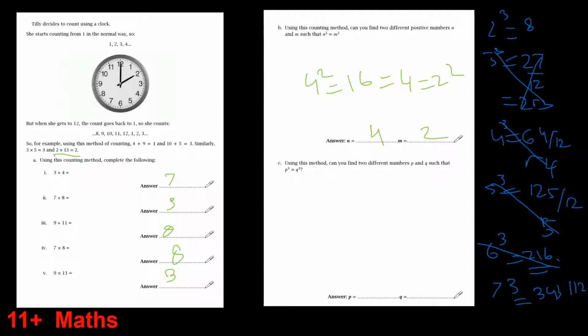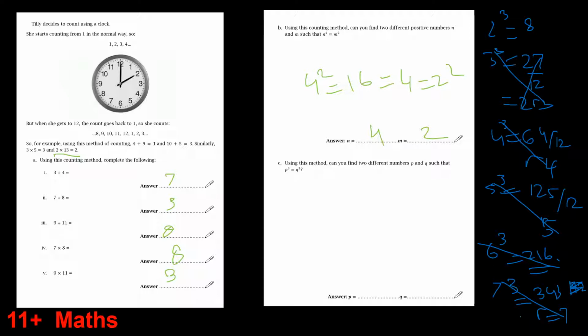Divided by 12, we get 28, and the remainder is 7. So 7 doesn't work for us. Let's go to 8.